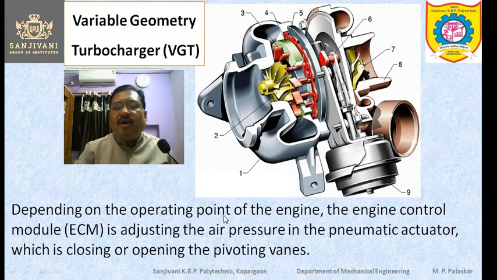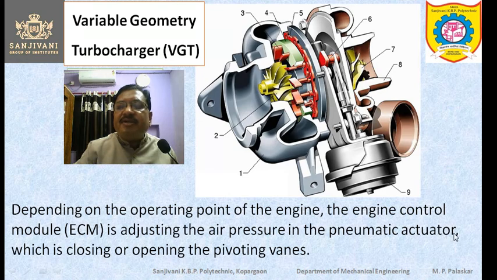So depending on the operating point of the engine, the ECM, which means engine control module, is adjusting the air pressure in the pneumatic actuator. This is the pneumatic actuator 9. So the pressure in the pneumatic actuator is adjusted, and this pneumatic actuator is closing or opening the pivoting vanes.